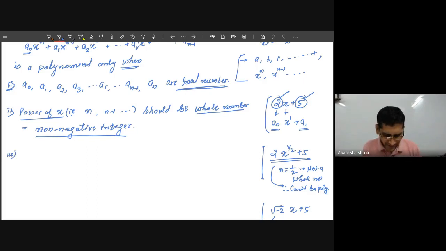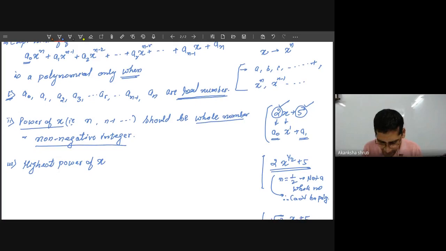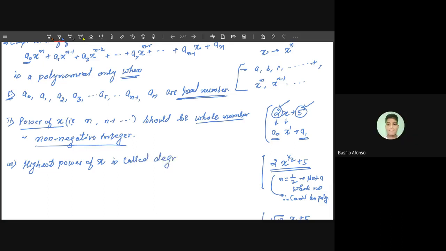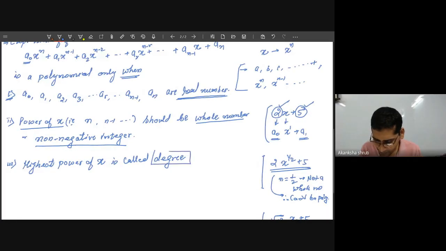Here the highest degree means the highest power of x, which may be in any term, is called the degree, or the degree of this polynomial.